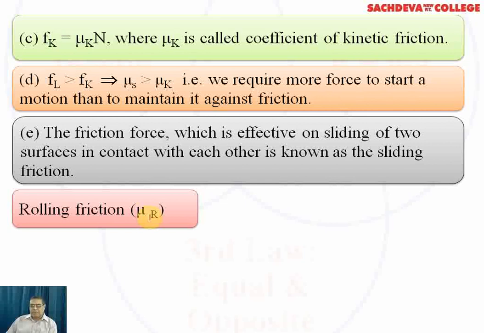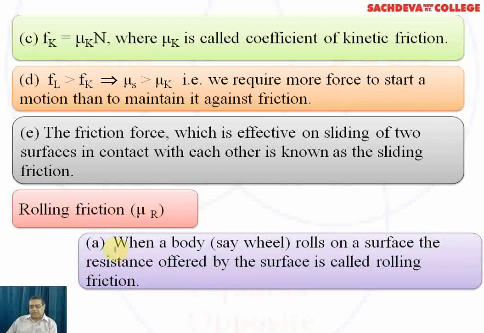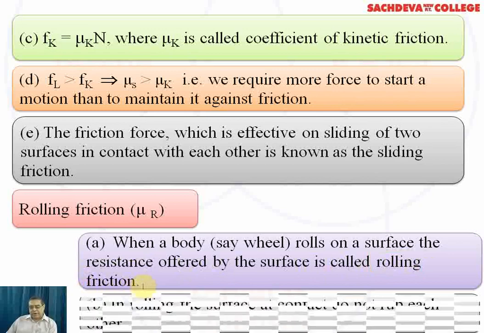So rolling friction means friction between surfaces in which one of the bodies is rolling over that surface. When a body like a wheel or a ball is rolling on a surface, the resistance offered by the surface is called rolling friction, and it will be very small because in contact there will be only a point of the body.